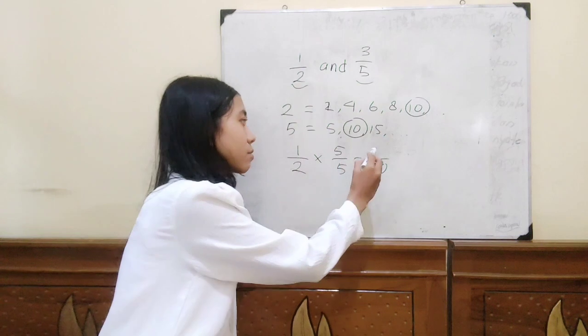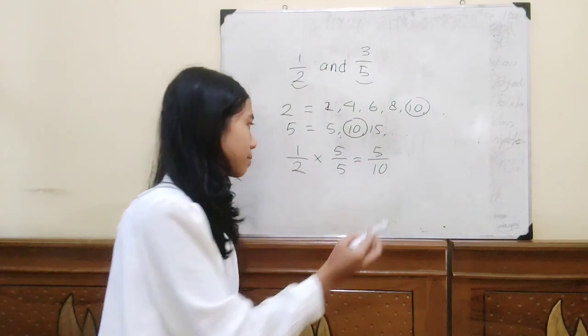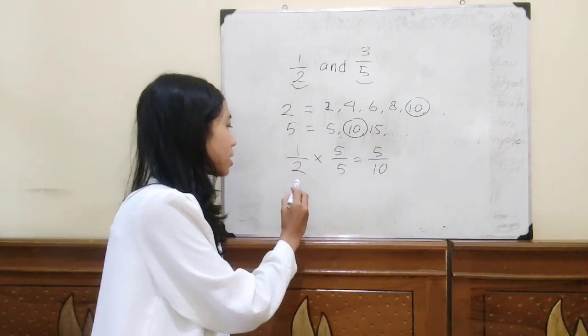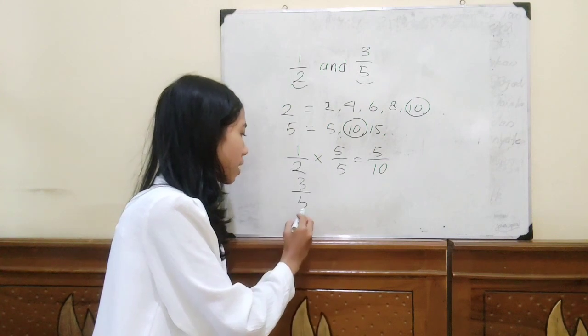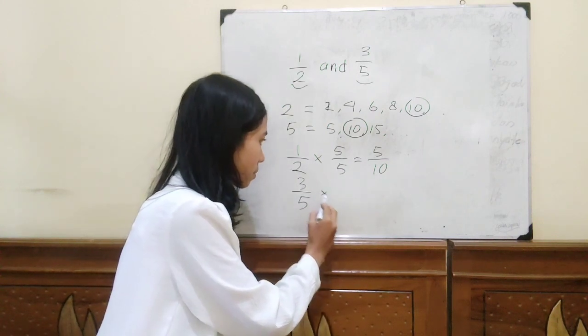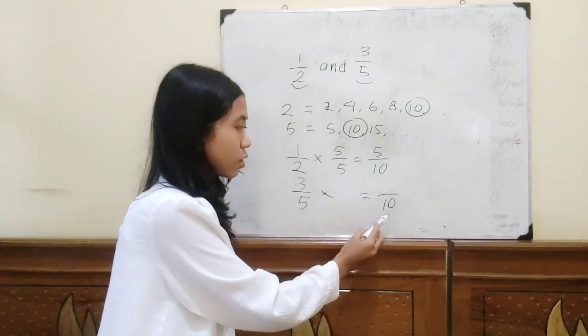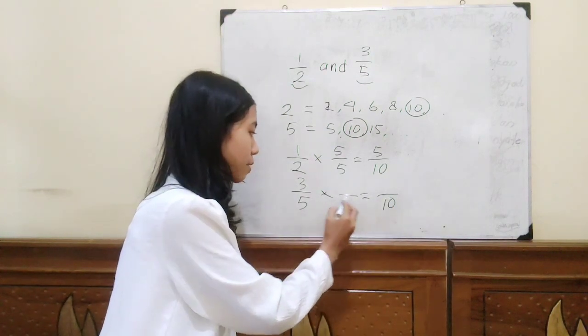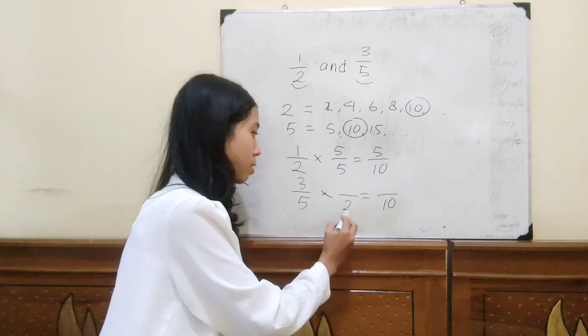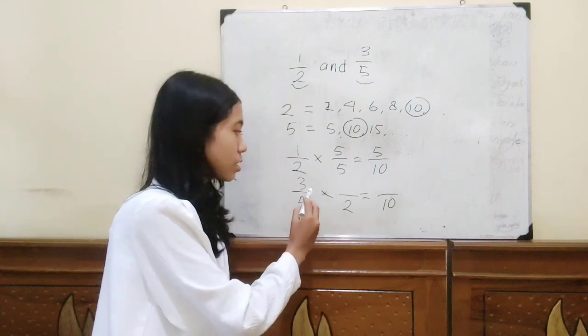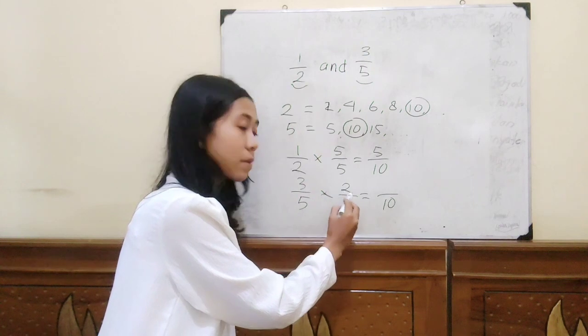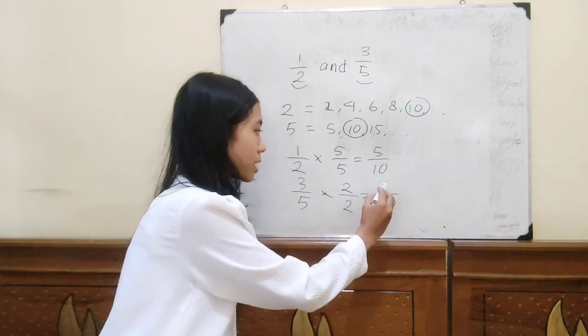We get 5 over 10. And the next is 3 over 5. To get 10, we should multiply the 5 by 2. So the numerator is multiplied by 2 too. We get 6.